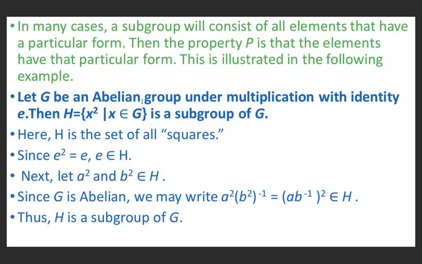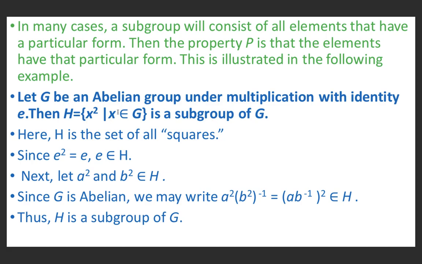Let G be an abelian group under multiplication with identity E, and H is defined as {x² such that x belongs to G}, and this is a subgroup of G. Here H is the set of all squares.